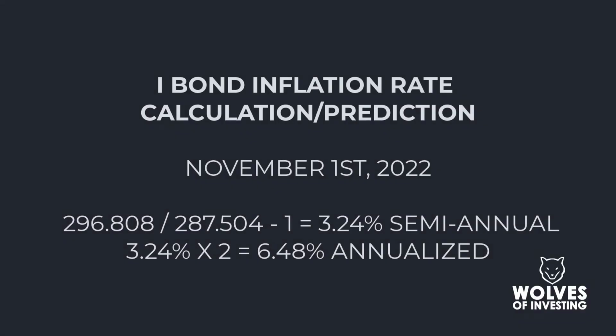We just take the September 2022 CPI-U of 296.808, divide that by the March 2022 CPI-U of 287.504, subtract 1 to get 3.236%, which I'm going to round up to 3.24%, and multiply that by 2 to get 6.48%. So assuming my math was correct, the annualized I-bond inflation rate should change to 6.48% on November 1st, 2022.